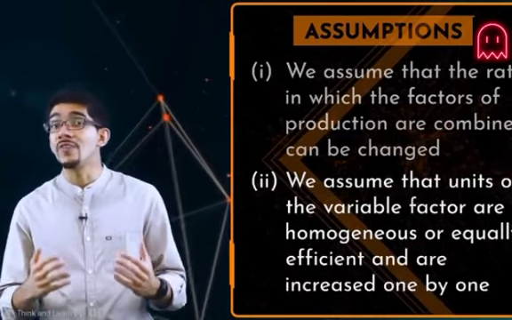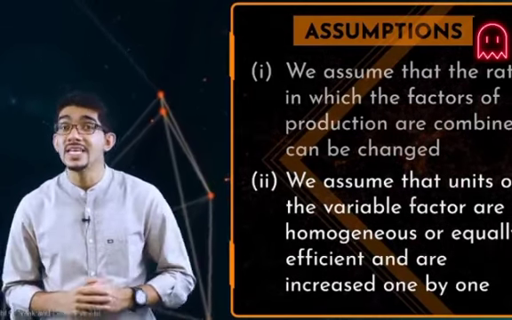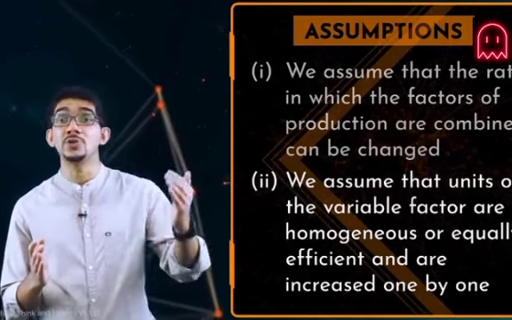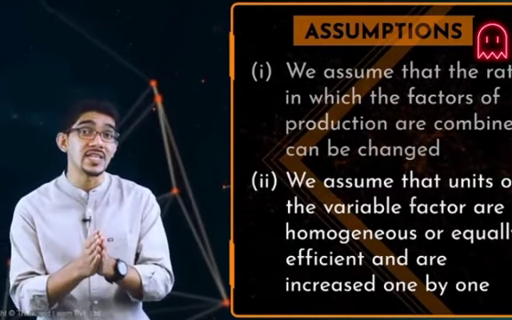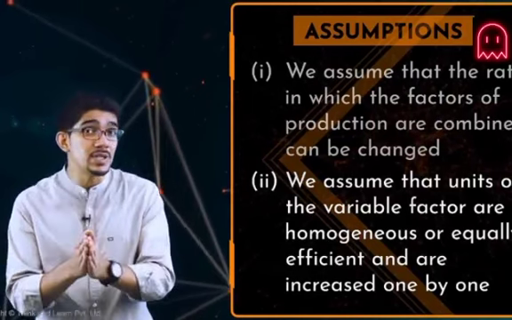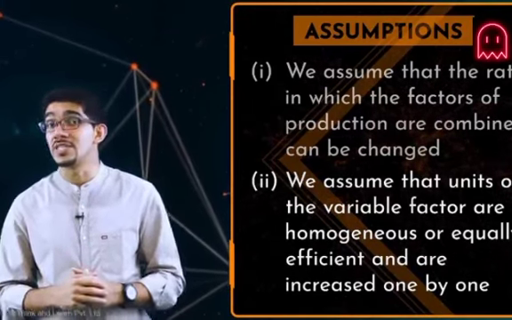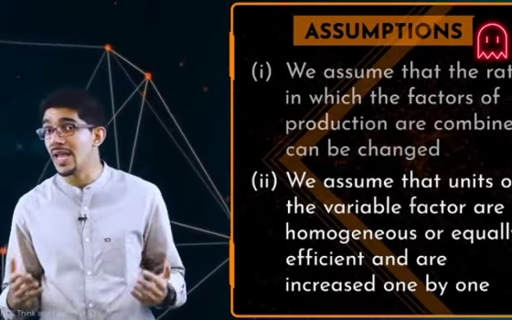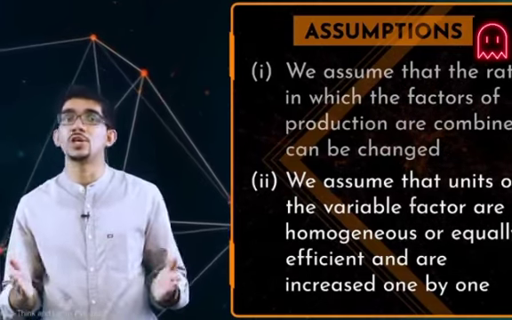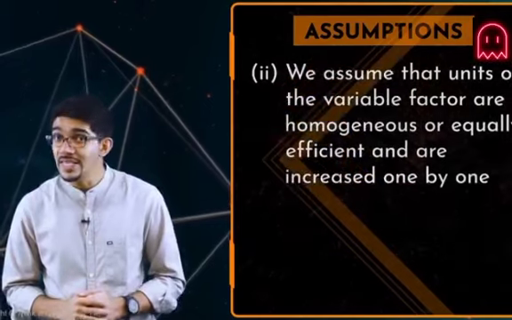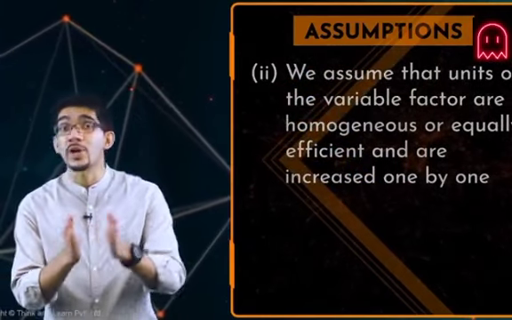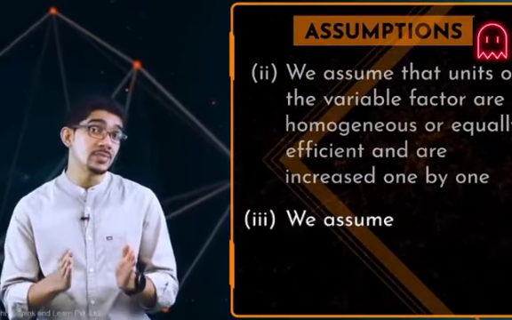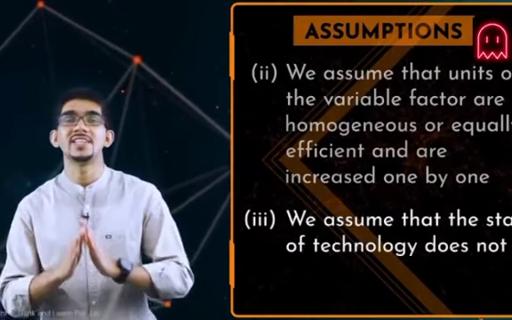Thus, the law of variable proportions and diminishing returns sets in not because latter units of the variable factor are less efficient than the former ones. It sets in because the ideal factor ratio is disturbed or because the availability of the fixed factor, like machines or land, reduces per unit of the variable factor. 3, and finally, just like for the production function, again we assume that the state of technology does not change.